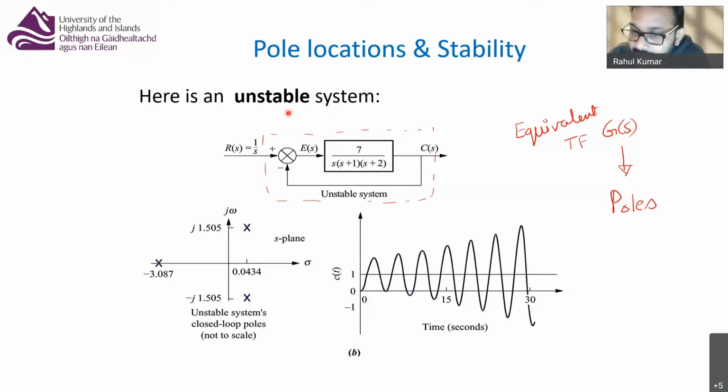For an unstable system, your output will be continuously accelerating and the oscillations will increase. Your output will never become stable around a value. There will always be oscillations. So if you have poles on the right hand side, your system is going to be unstable, and this is the expected output from your system.